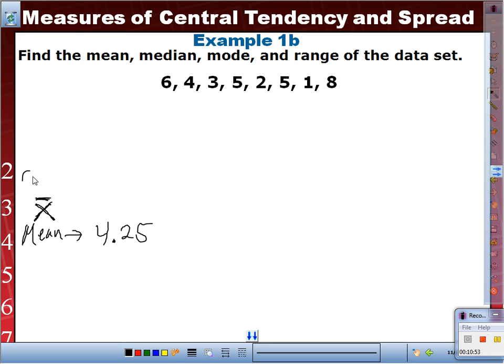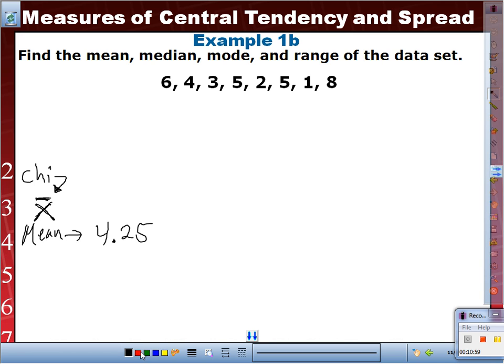So label that like this, C-H-I. So from now on, when I ask you for the mean, I'm going to say, what is chi? And you'll give me this symbol, X with a little bar. Everybody understand? Okay, so we're done with mean.